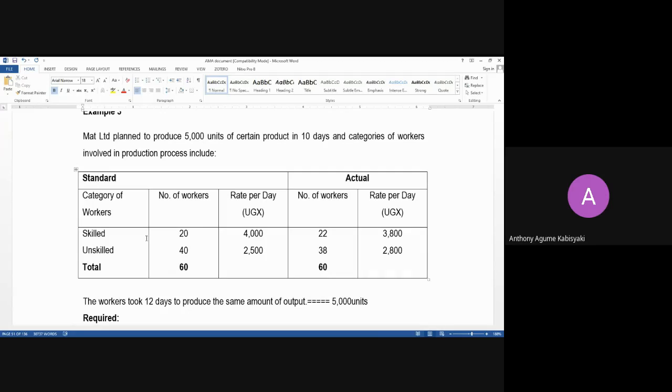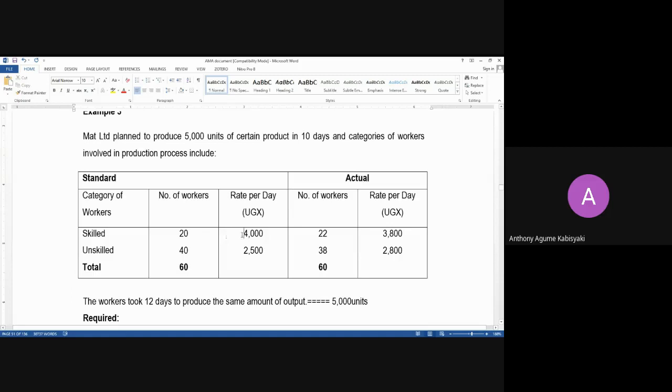Are you still on board? Yes, sir. Because now I'm looking for the standard cost per unit. So how do I get this standard cost per unit?